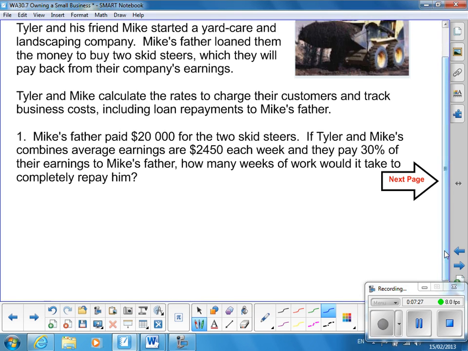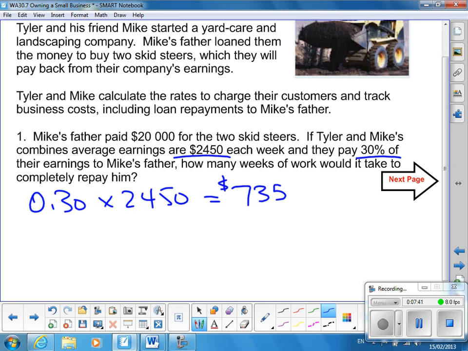Well, the first thing we need to know is 30% of $2,450. So change it to a decimal and multiply. They're going to pay Mike's dad back $735 a week. Okay, so the total loan was $20,000.